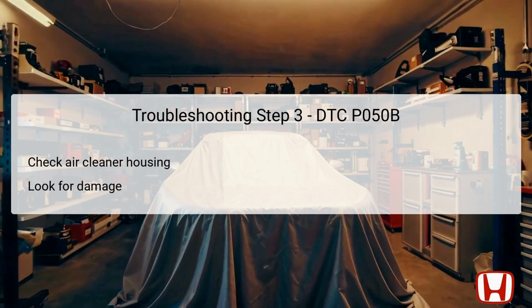This step involves visual inspection to look for cracks, holes, or loose fittings that could compromise the air intake efficiency. If damage is detected, the air cleaner housing must be replaced to restore proper function. This is a crucial part of the troubleshooting, as an undamaged housing is vital for maintaining optimal engine performance.